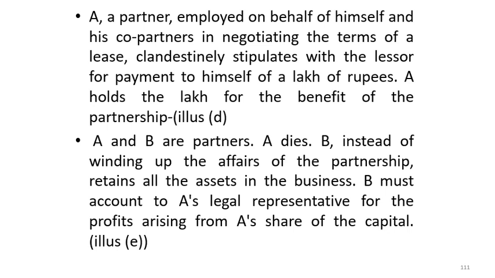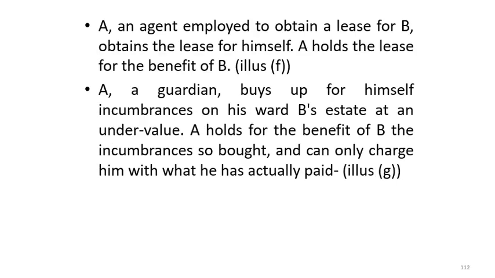That's simple. Now we will see another two illustrations. A, an agent employed to obtain a lease for B, obtains the lease for himself. A holds such lease for the benefit of B. No difficulties there.